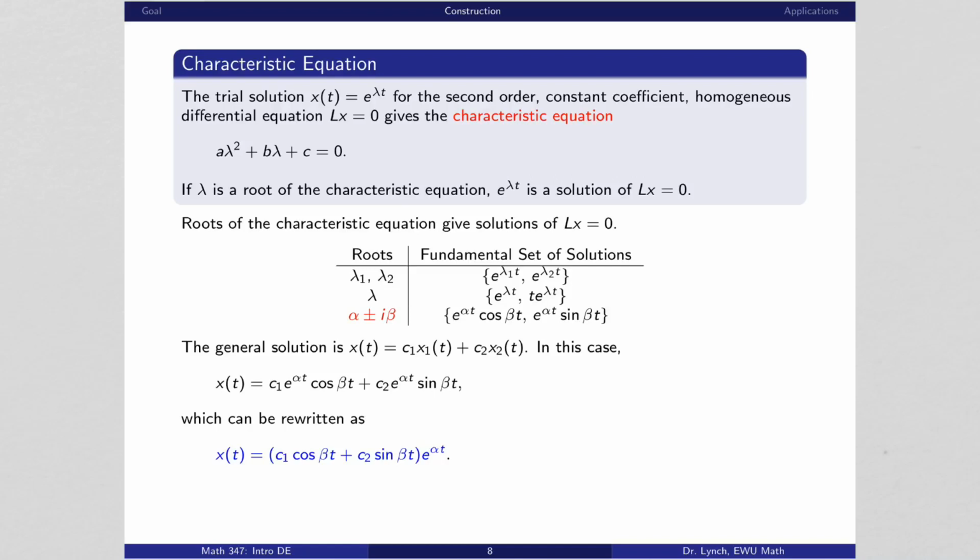It's worth mentioning that in the case of purely imaginary roots, lambda equals plus or minus i beta, you can think of this as the complex conjugate case where alpha is equal to 0. Then the general solution is just a linear combination of cosines and sines, as you see here.